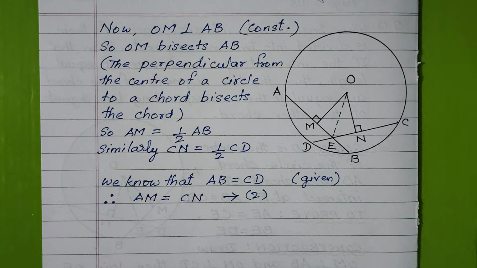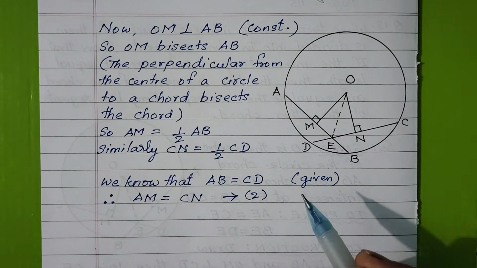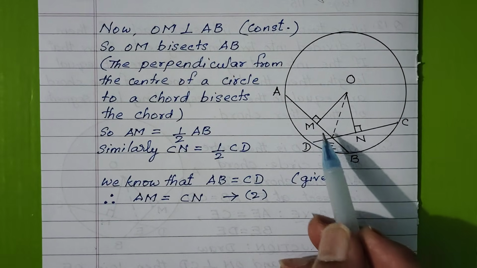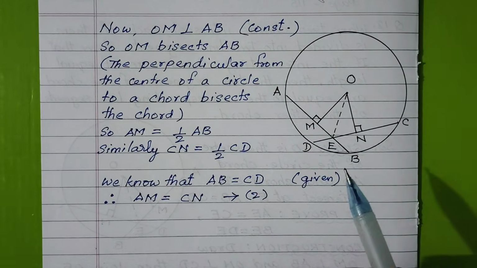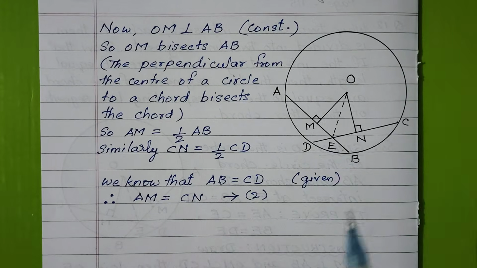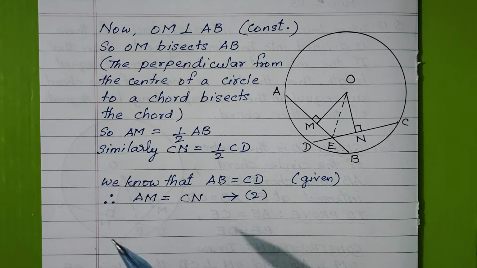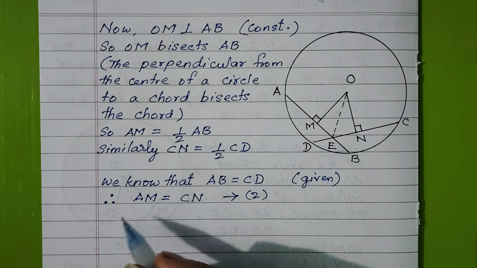Now, equation number 1 says EM equal to EN, and equation number 2 says AM equal to CN. So what we will do, we will add both the equations.